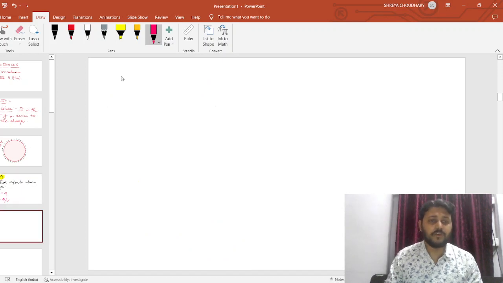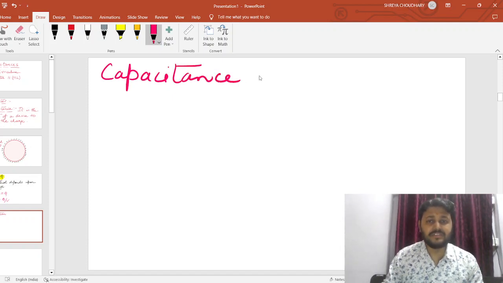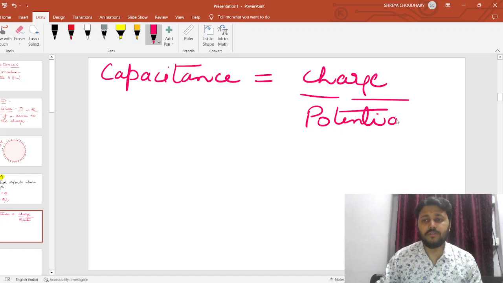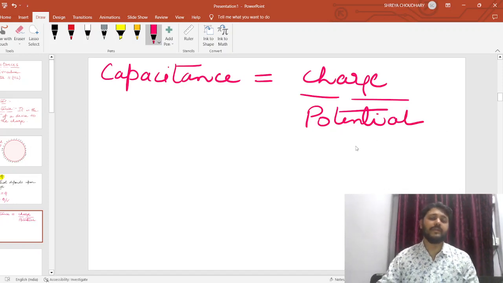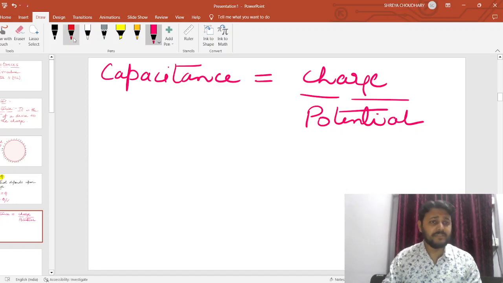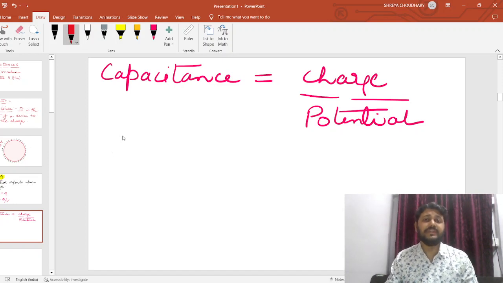We must write down over here that capacitance is equal to charge upon potential. This is the formula we are having. But I must tell you that the capacitance of the capacitor will not be dependent upon charge and potential.